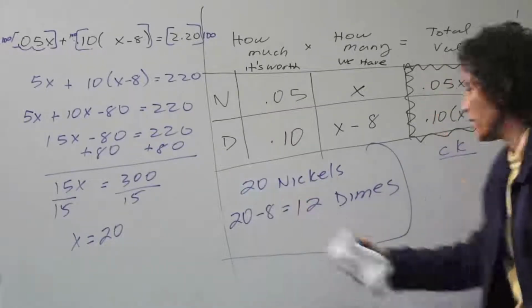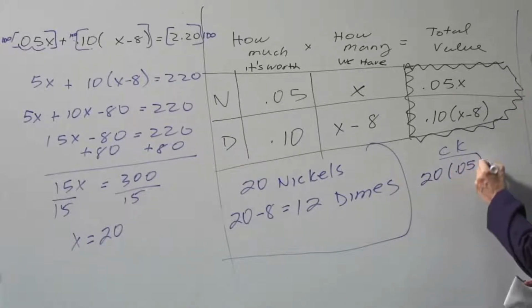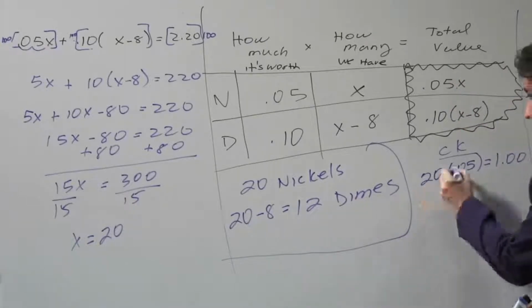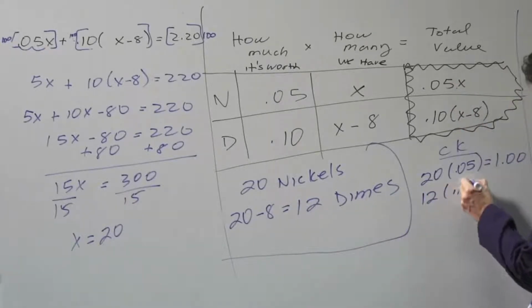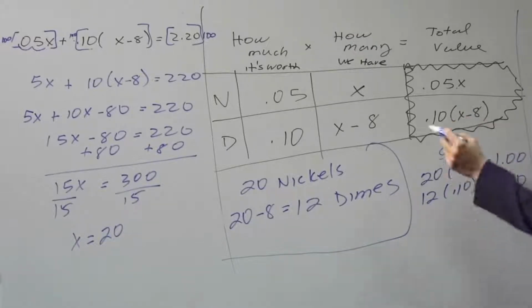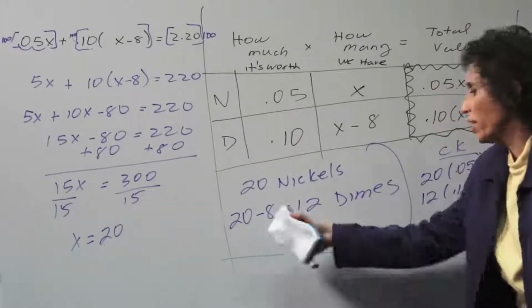If I have 20 nickels, well, nickels are 5 cents, so 20 nickels is $1. If I have 12 dimes, that's $1.20. And that is $2.20. So there's my check. I have 20 nickels and 12 dimes.